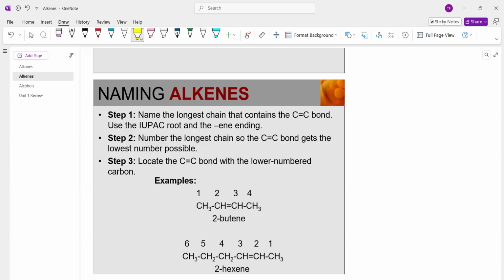So here we have a 4-carbon alkene, butene. Okay, so here's the carbon backbone. And there are no carbons off the carbon backbone, so there are no branches. And the functional group is alkene.